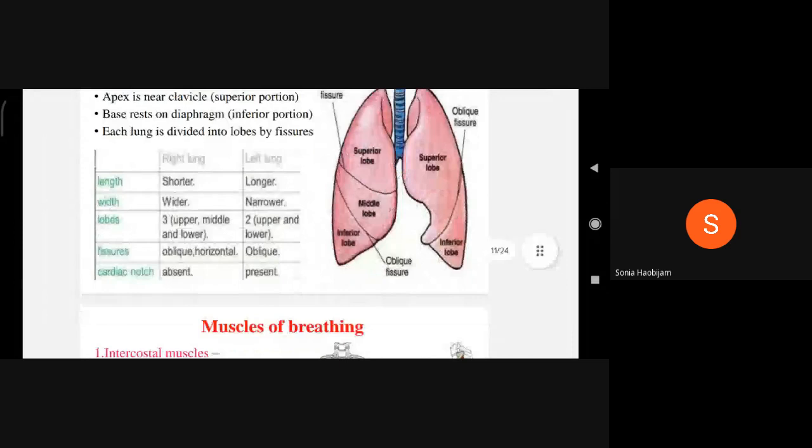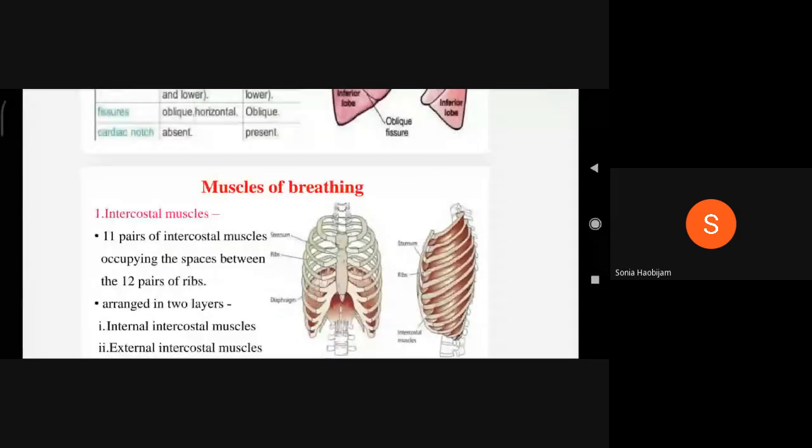Now, we will discuss a very important topic, muscles of breathing. Which muscles are helping in our breathing process? So at first, intercostal muscles. There are 11 pairs of intercostal muscles occupying the space between 12 pairs of ribs.